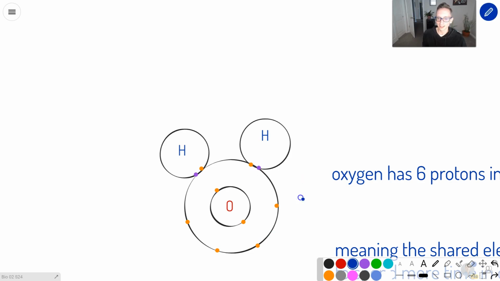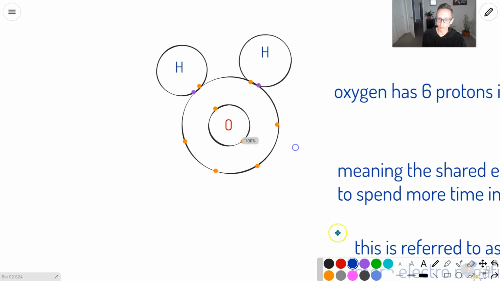So what that means is that oxygen, because of this property, is going to have, this is a Greek letter delta, a delta negative. Delta means partial negative charge over here, because the electrons are spending more time there.